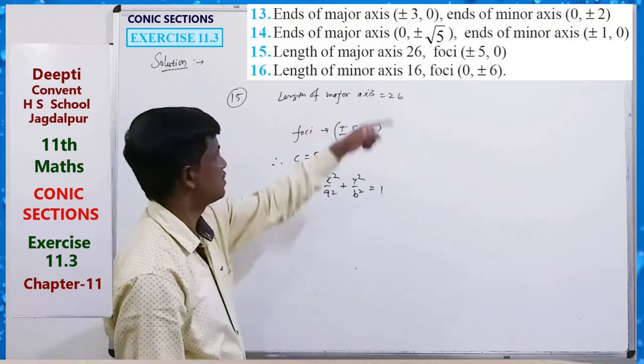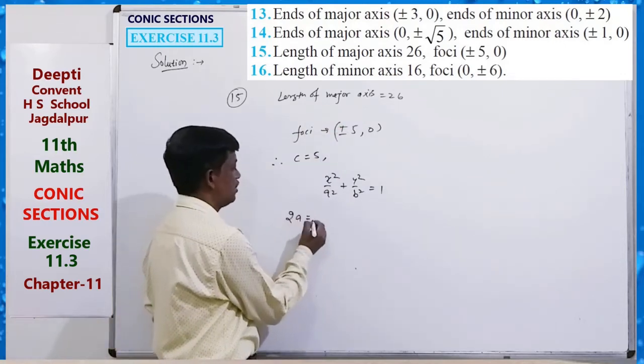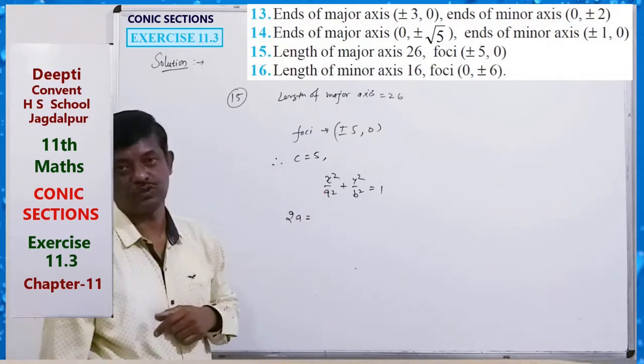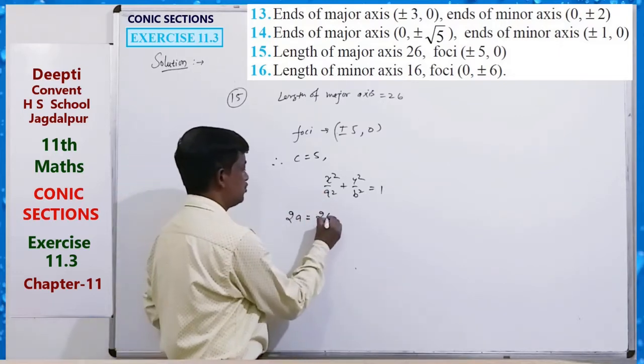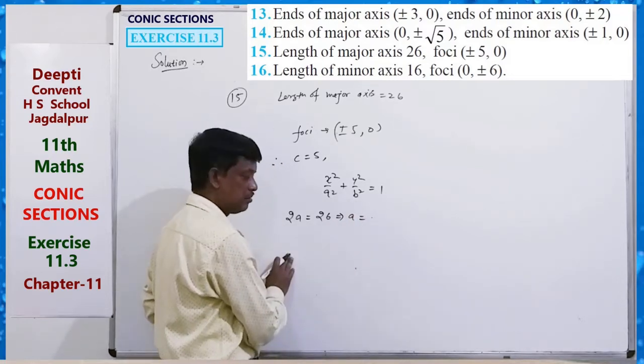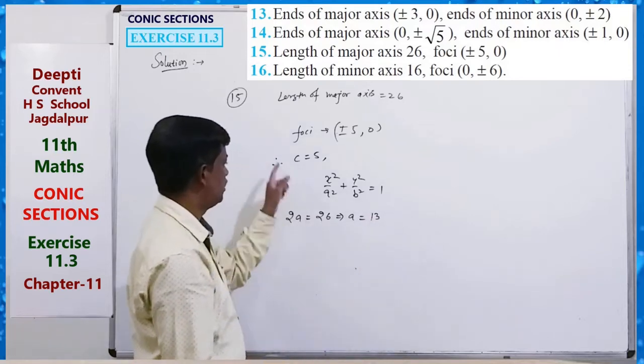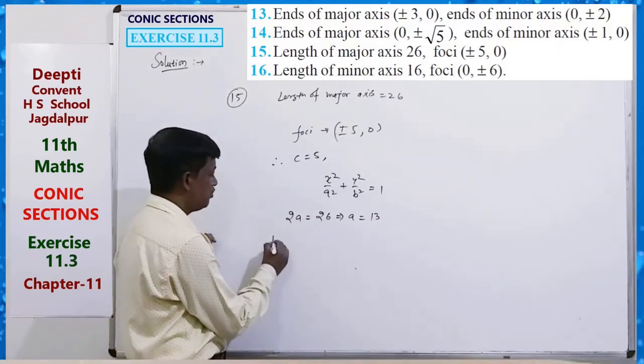And the major axis is 2a, that equals 26. That is, a equals 13. Now we have to find the value of b.